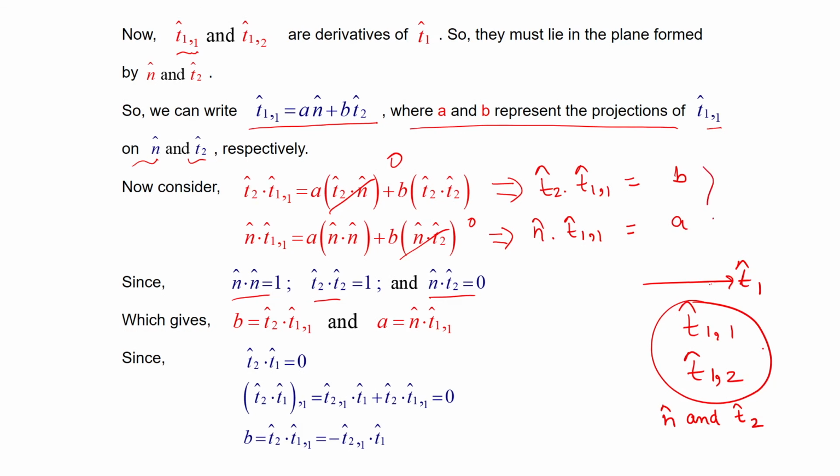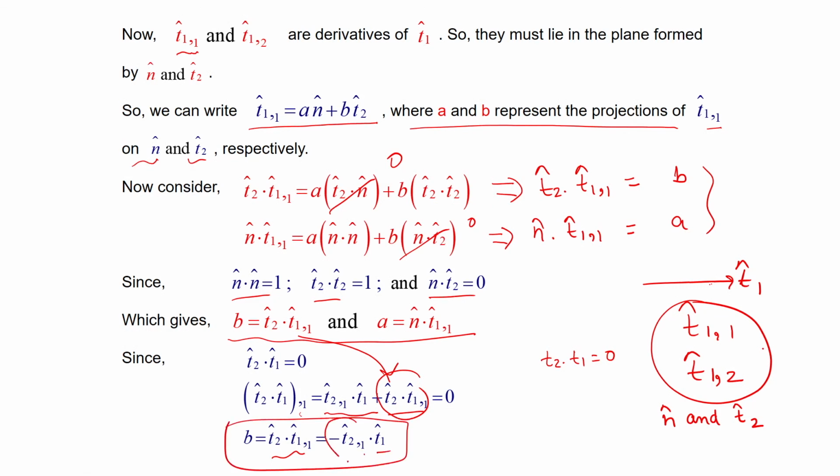So I have written this, and this equation is here. Now T1 and T2 are perpendicular to each other, so their dot product will be 0. From there we can set up another equation: the derivative of T2 dot T1 with respect to 1 can be written as T2 comma 1 dot T1 plus T2 dot T1 comma 1. So this term which we are using here can be written as minus T2 comma 1 dot T1 hat.